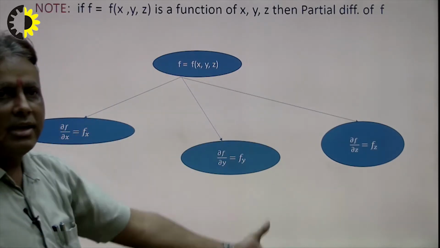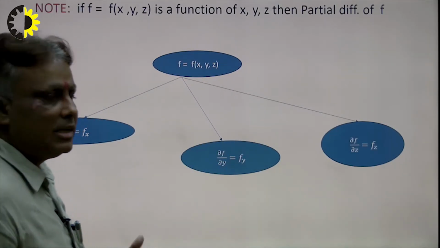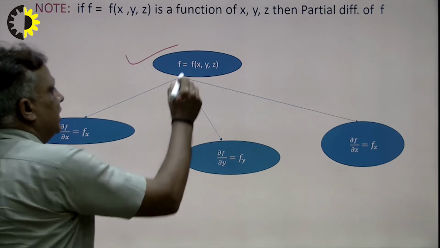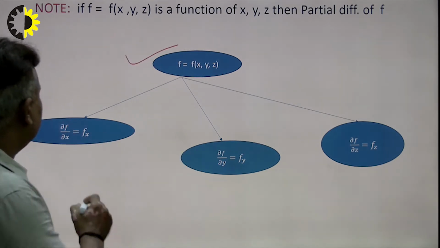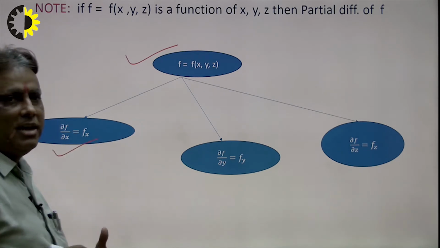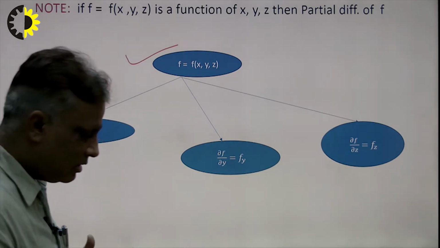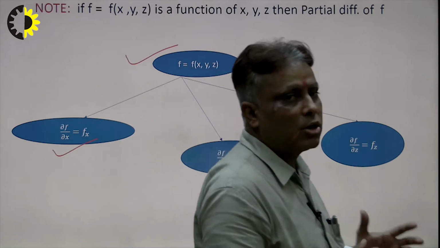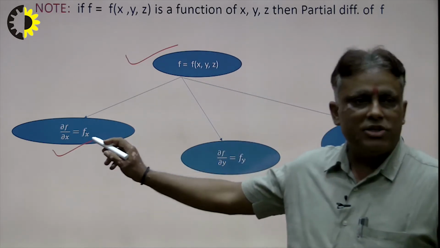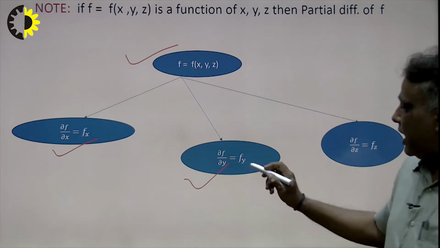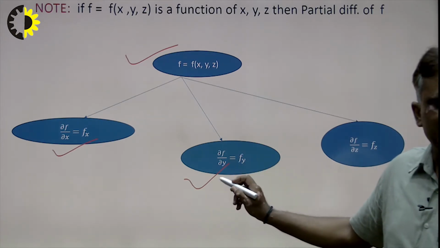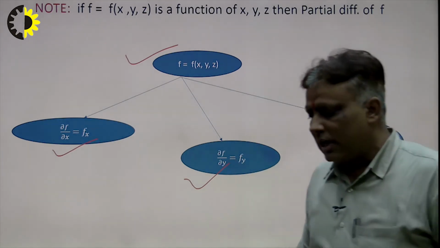I write here and explain briefly. Suppose I have a function f which contains three variables x, y, z. Suppose I want to differentiate with respect to x, so I write differentiate with respect to x while y and z are constant. Suppose I want to partially differentiate f with respect to y while x and z are both constant.